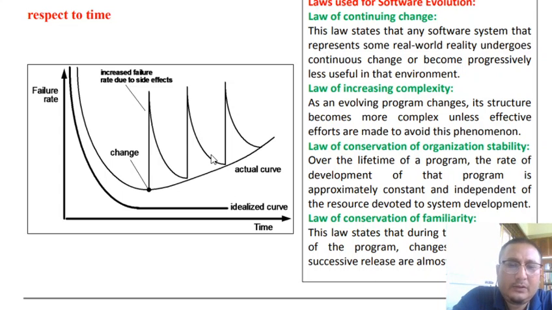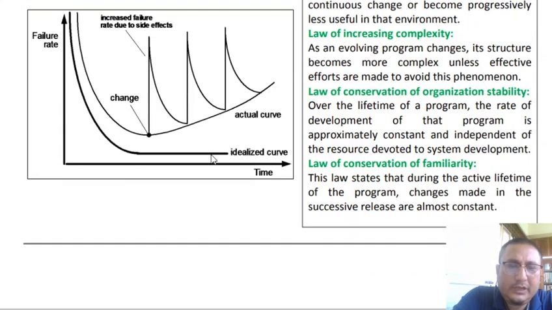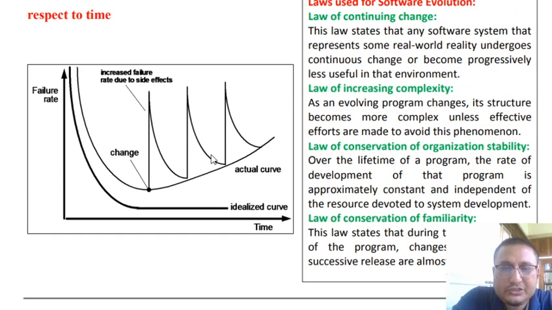Now, this is a very simple graph in which across one of the dimensions we have time, and across the other dimension we have a failure rate. Okay, so this is a qualitative representation where we don't have quantitative values, right?